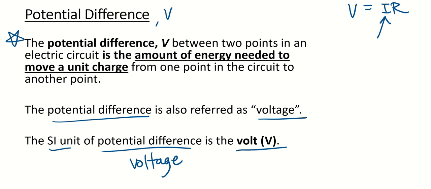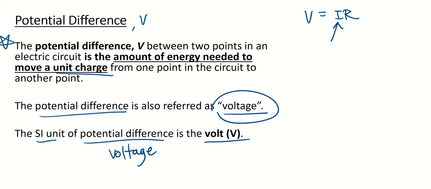So voltage is the potential difference. It's actually the energy needed to drive or move a unit charge from one point in a circuit to another. The unit for voltage is volt, capital letter V. Since we have done V and I, I will just quickly summarize potential difference.